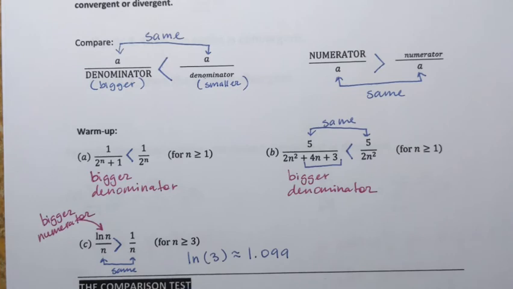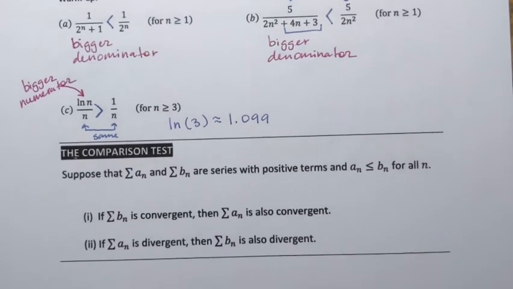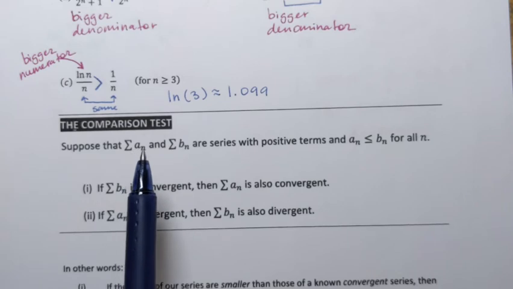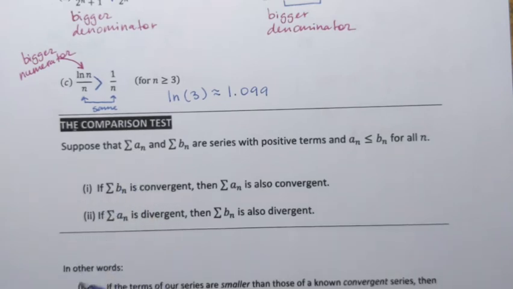So that's the overall idea that we need to understand when we compare quantities, especially when they're expressed in general form. And here's the comparison test. When we use the comparison test, we consider two series. Usually one of them is our series, and the other is a series for which we know whether it's convergent or divergent.